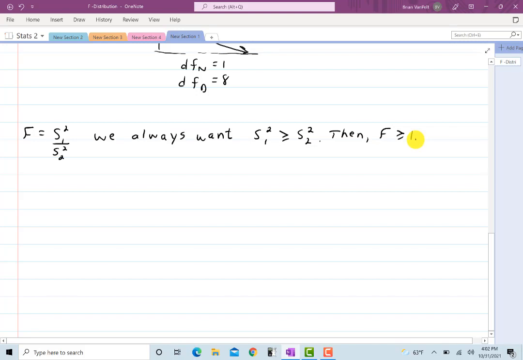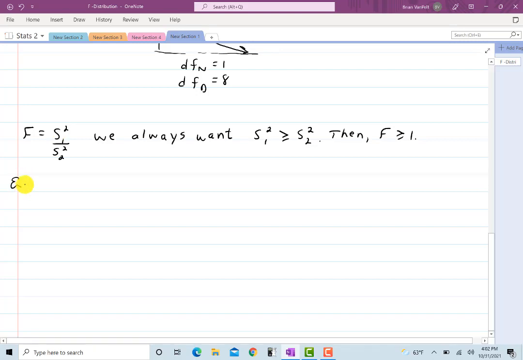And what that means is we're always going to be dealing with a right-tailed test for every single one of these problems. So keep that in mind. Always set it up that way, with S1 squared the bigger of the two, and you'll be all right. The reason why is these tables are so extensive and complicated that we're trying to make it halfway easy on you by making you do this first. Wait till you see the tables to see what I'm talking about.